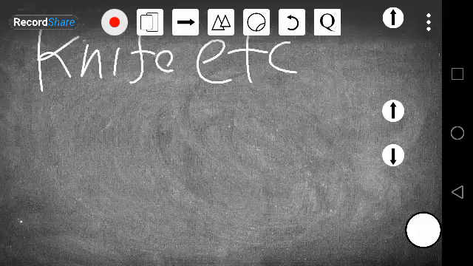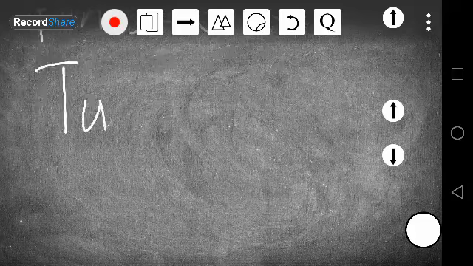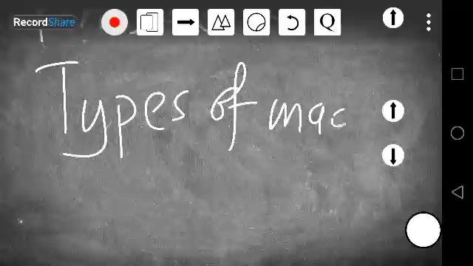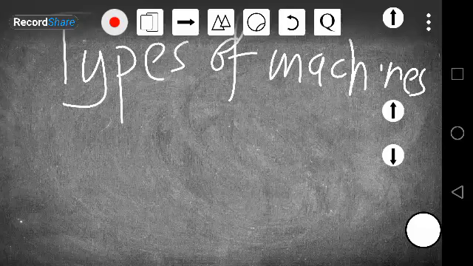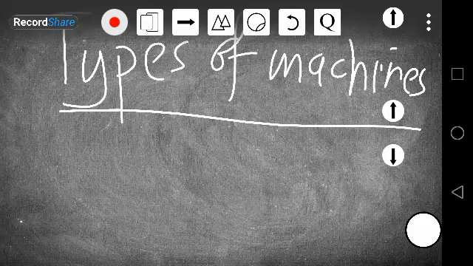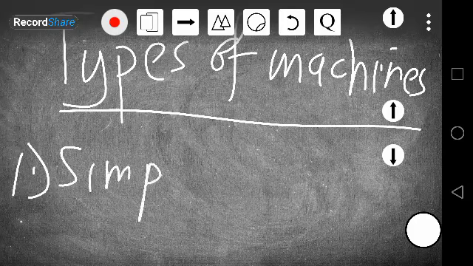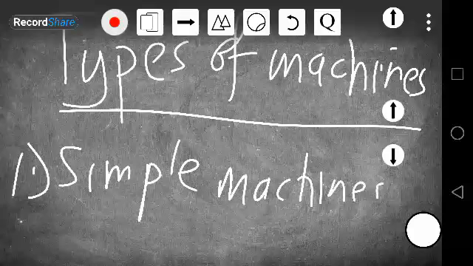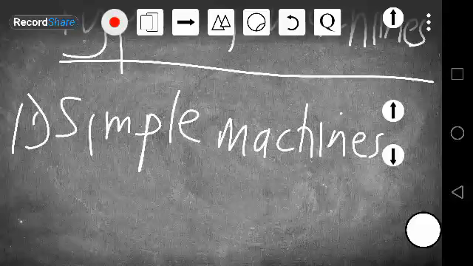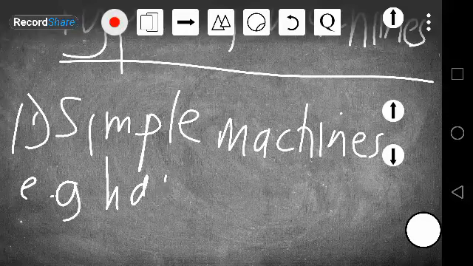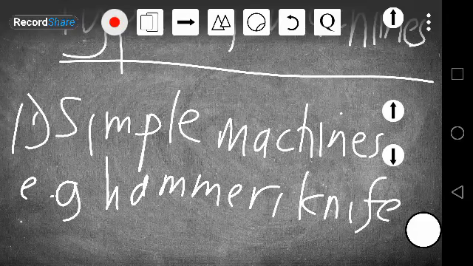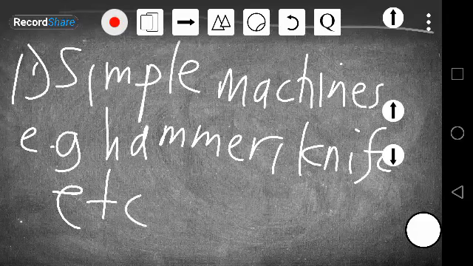Now we need to look at types of machines. Generally, we have two types of machines. Number one, we have simple machines. Simple machines, we are talking of things like hammer, knife, etc. Alright?